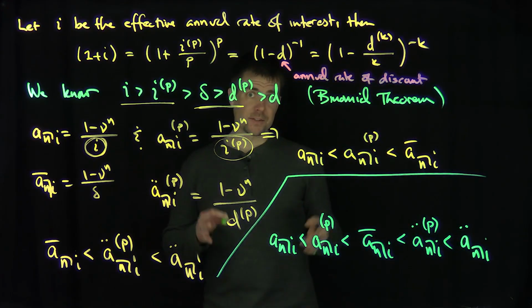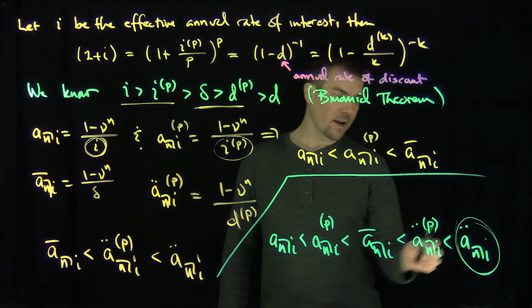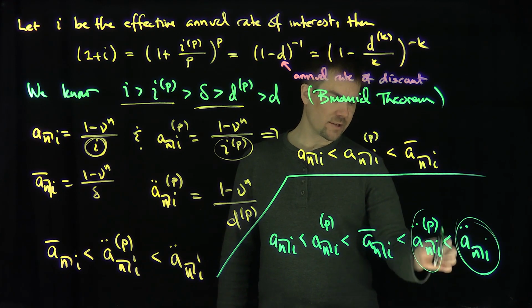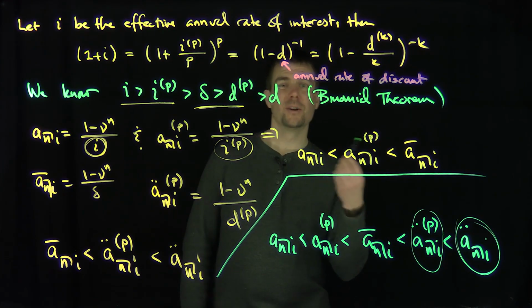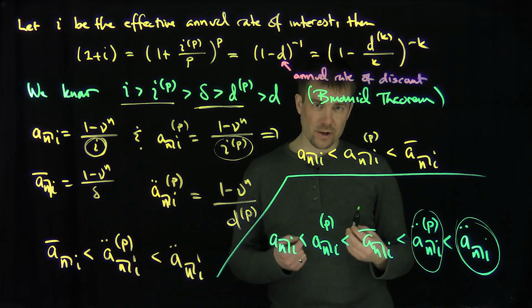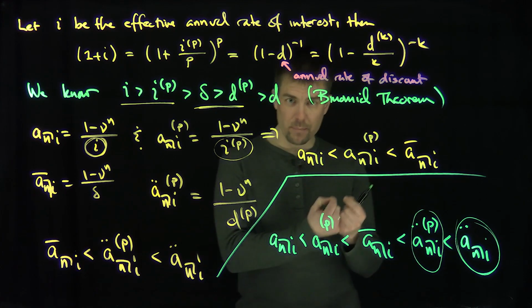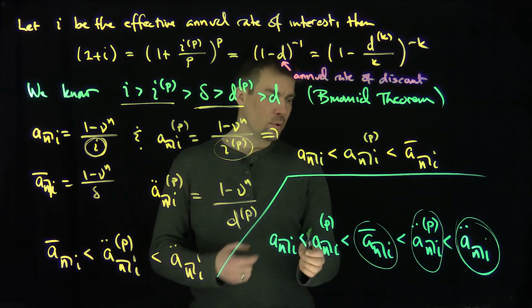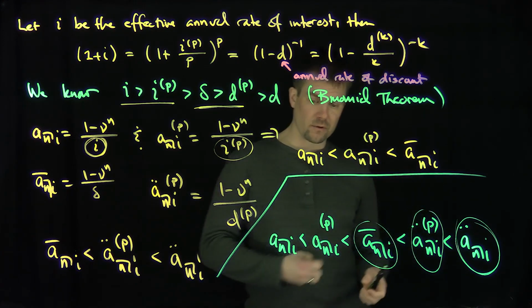And now let's stop and think about this from the timeline perspective. This gives you $1 at time 0, whereas this gives you 1 over p at time 1 over p. So it's better to have $1 initially than it is to have $1 at time 1 over p, even if it's 1 over p of $1. And likewise, this smooths all those dollars out, so you're getting less than you would get from having $1 at time 1 over p.